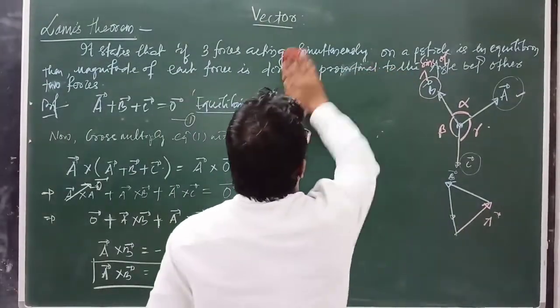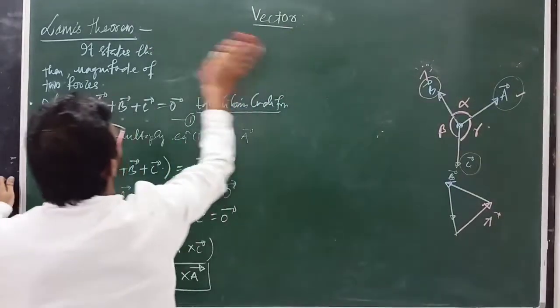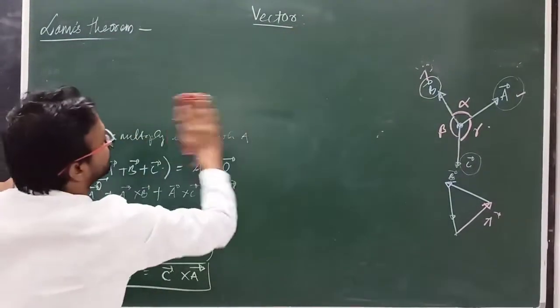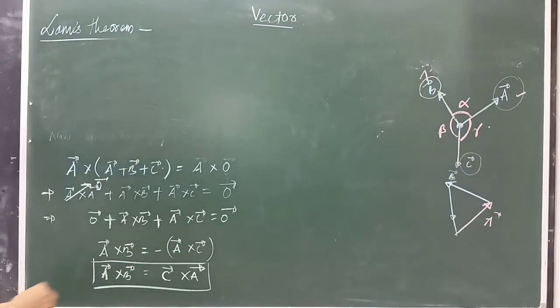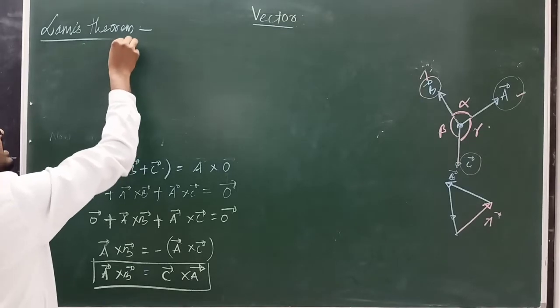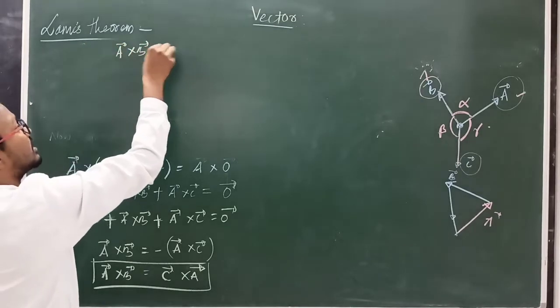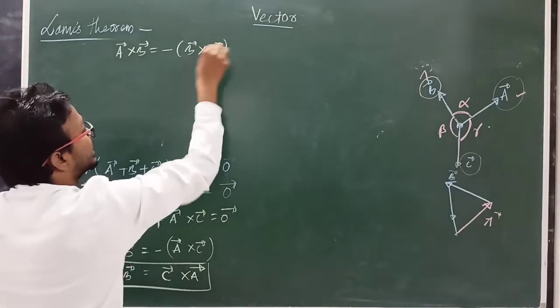A cross B vector equals negative of B cross A vector.